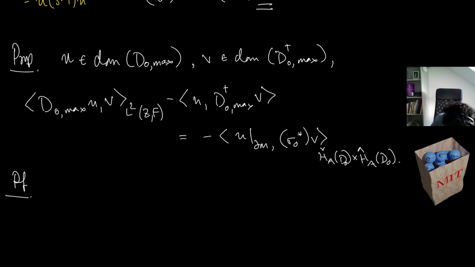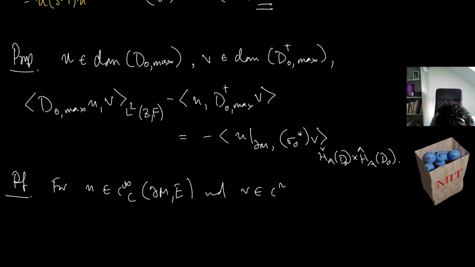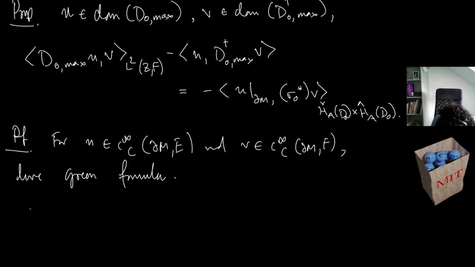Well, for u, v in dom d naught, for u in C infinity c of partial M E and v in partial M F, we have Green's formula, and then the right hand side is equal to sigma naught.